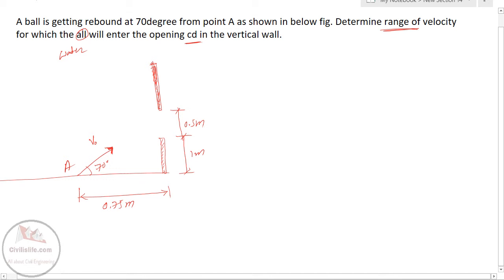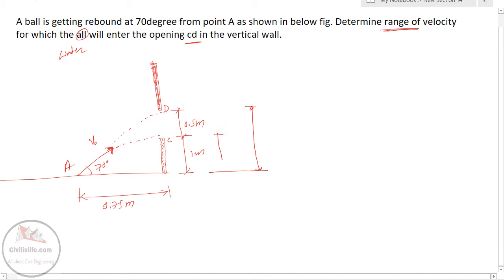to enter this water jet through point C, it has to travel a distance of 1 meter along the y-axis. Now to enter this water jet through point D, it has to travel a distance of around 1.5 meter.